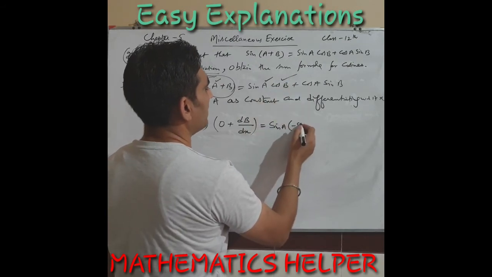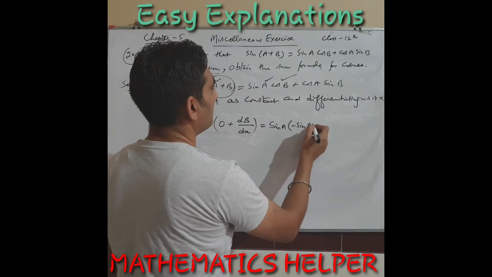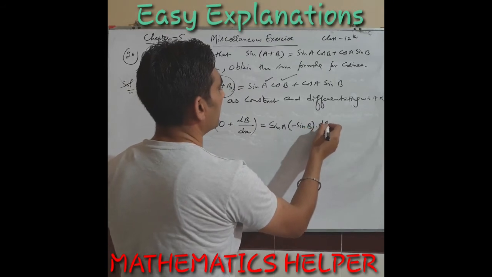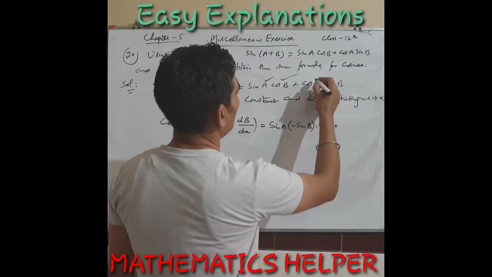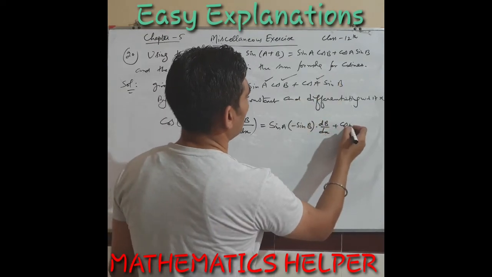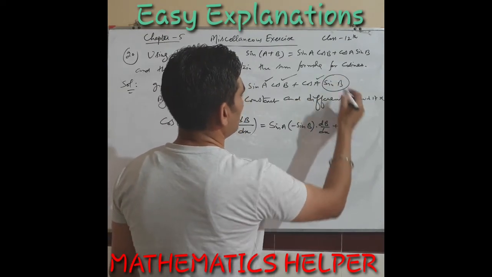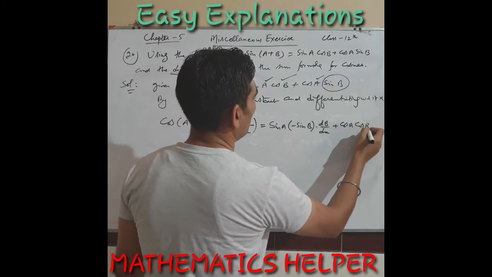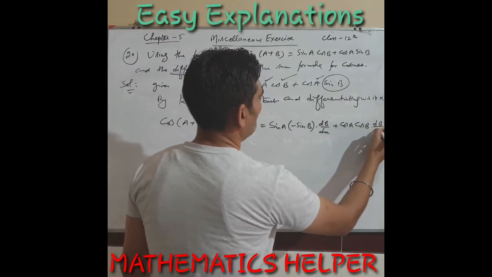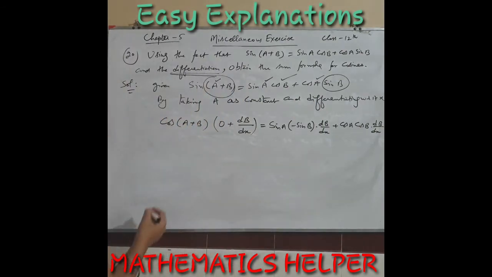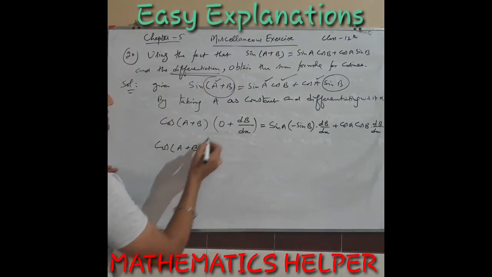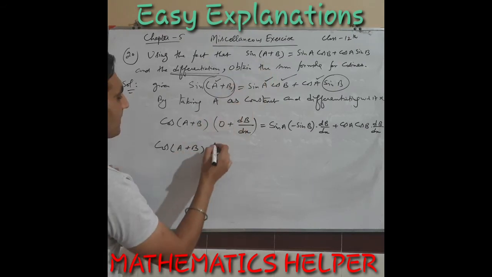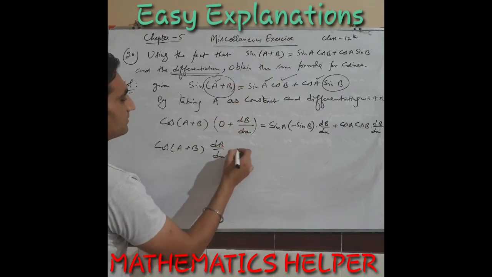Cos derivative is minus sine, so minus sine b along with db over dx. Similarly here, because angle a is constant, so cos a constant, derivative of sine b, cos b along with the derivative of angle which is db over dx. Here you have cos a plus b along with db over dx.